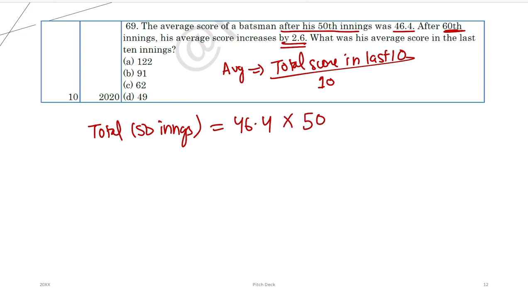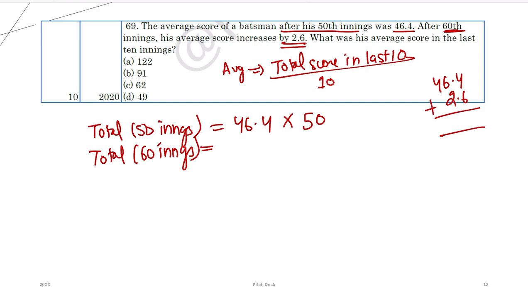After this, we do the similar thing for 60 innings: the total in the first 60 innings. His average has increased by 2.6. Earlier it was 46.4, now it has increased by 2.6.